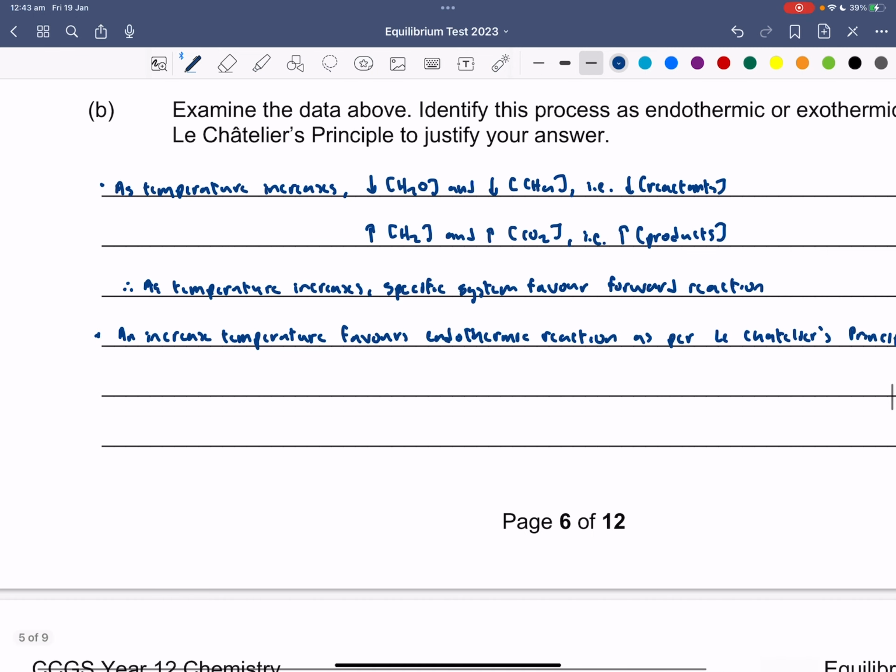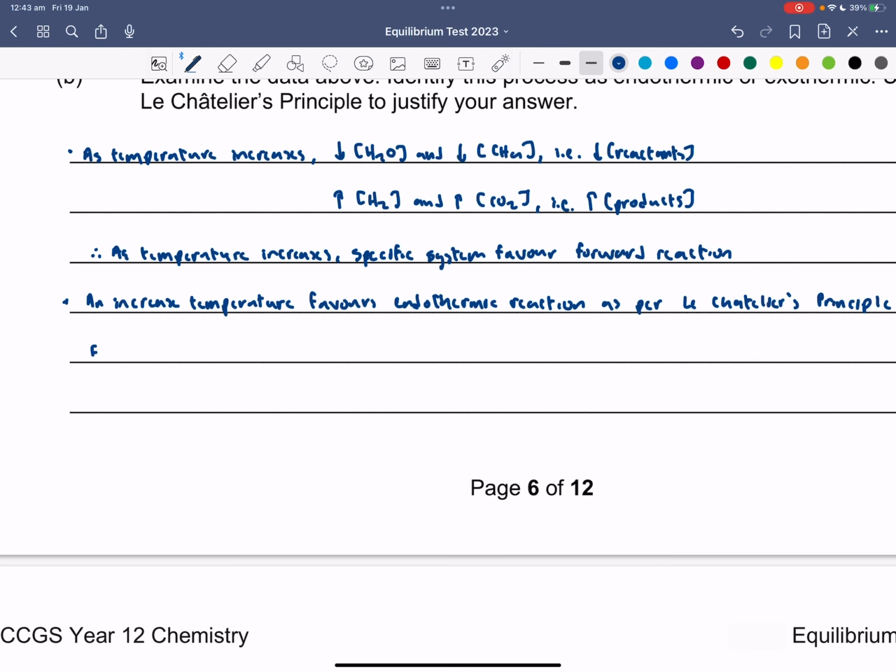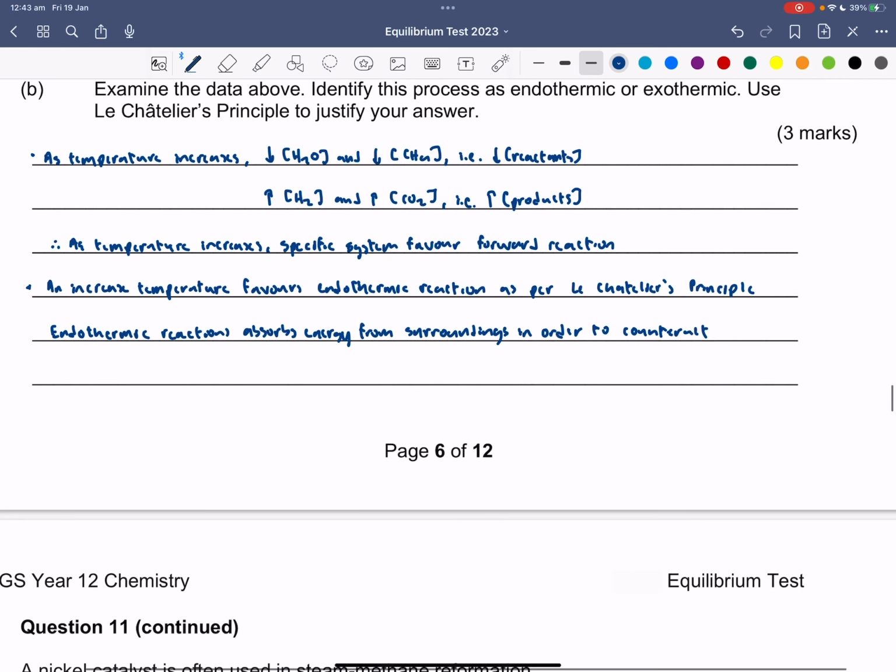And we can explain why. You can explain that the endothermic reaction absorbs energy from the surroundings in order to counteract the increase in temperature.